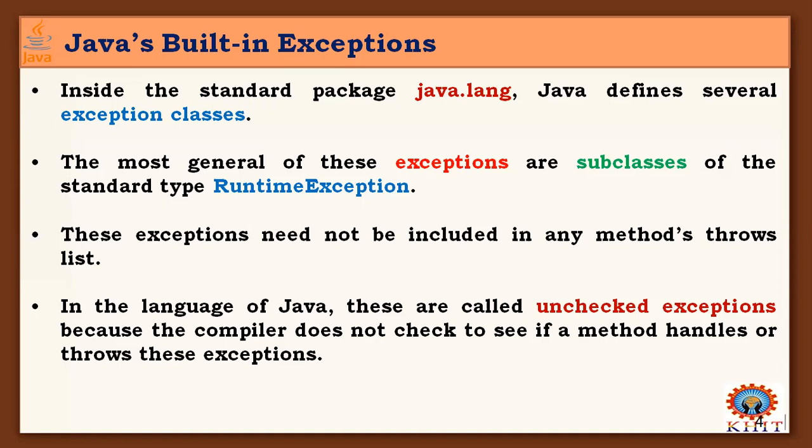So that's why this package java.lang defines several exception classes, based on the exception raised during our program execution. Most of the exceptions are subclasses of RuntimeException. I told you in the previous video about the class hierarchy of these exception classes.